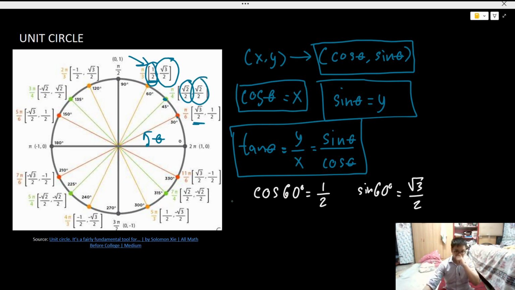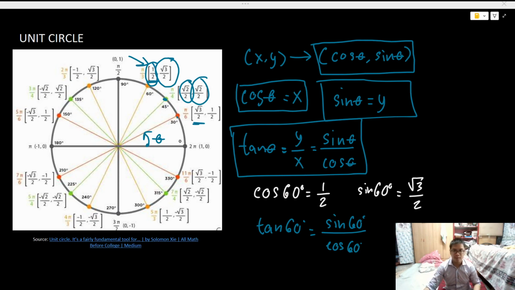That's it. Now, how about for the tangent? Let's just say I ask you to find tangent 60 degrees. All you need to do is just substitute what you have found for your cosine 60 and sine 60. Tangent 60 degrees is just the same as sine 60 degrees all over cosine 60 degrees. Okay, wait, hold on.